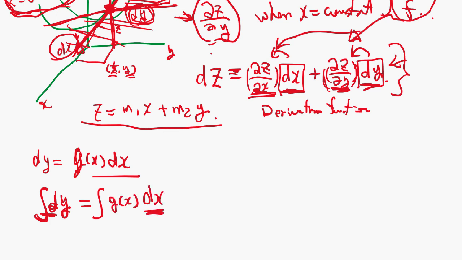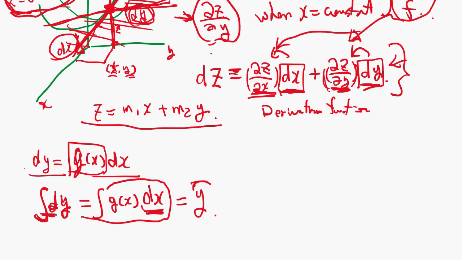That's why you have a dx here, and this cancels out. This is going to be y. So when you have function g(x), the derivative function, dy equals g(x) dx, then you take an integral, you get the original function by taking the integral of this. So you always have dx in the integral.